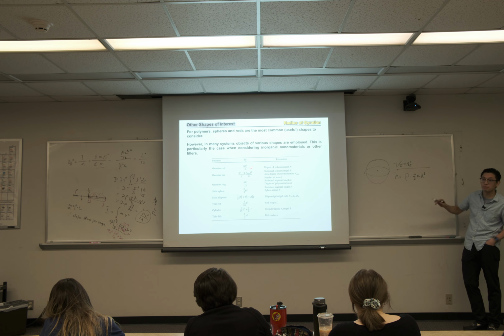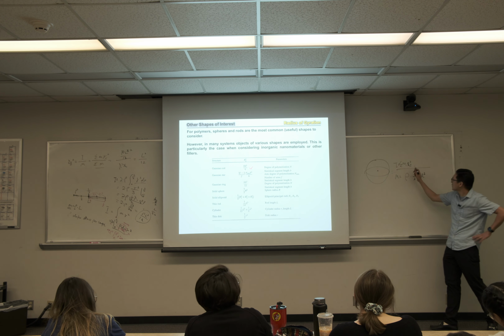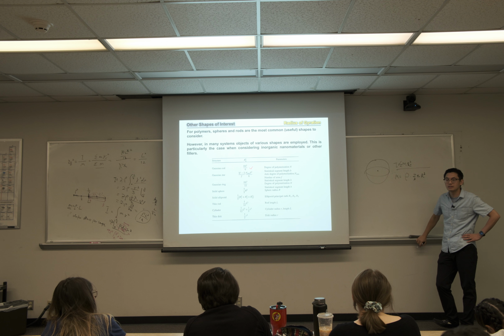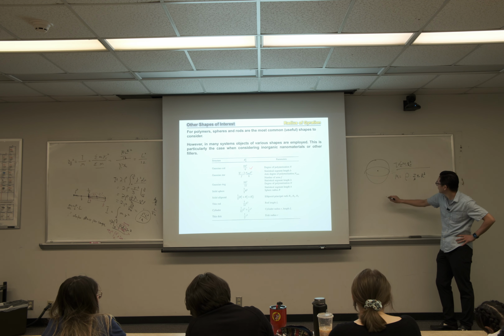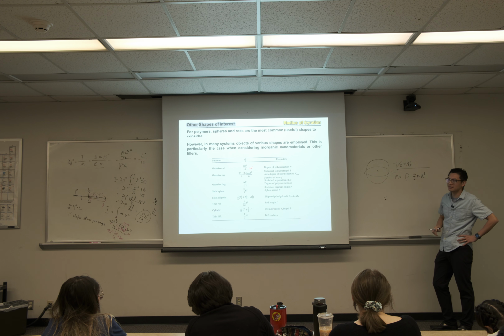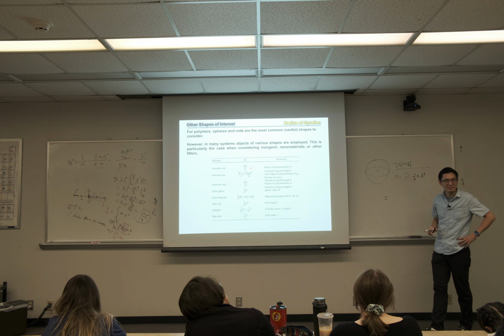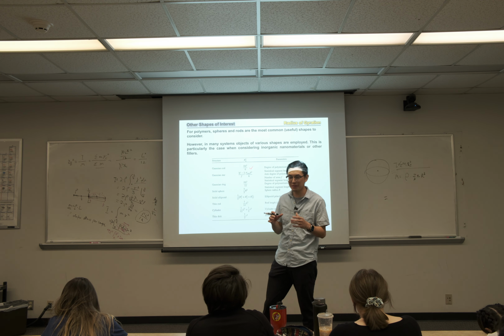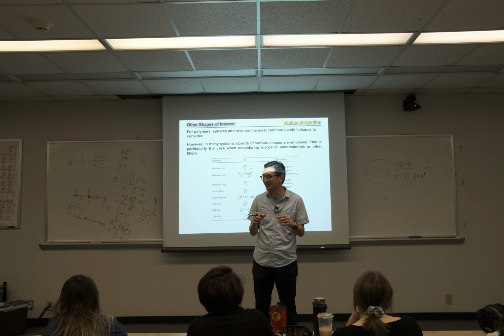For a sphere, it's more complex, because now we need to consider the distance to the center. So how do we get the moment of inertia? In this case, we need to imagine an object that everybody has cooked with: onions.